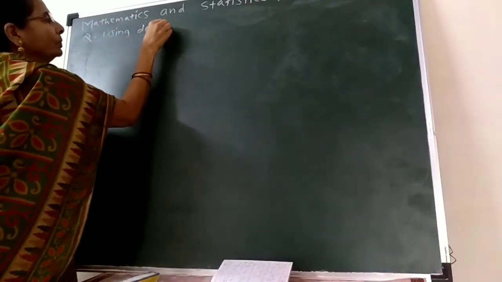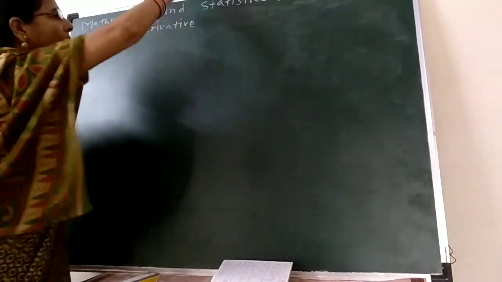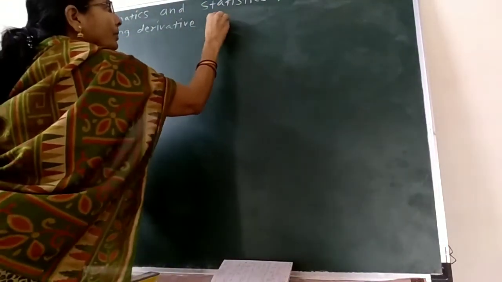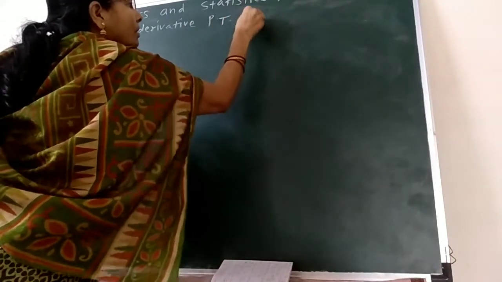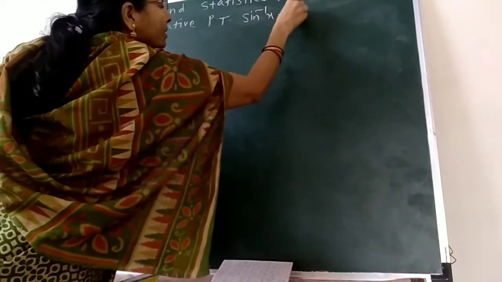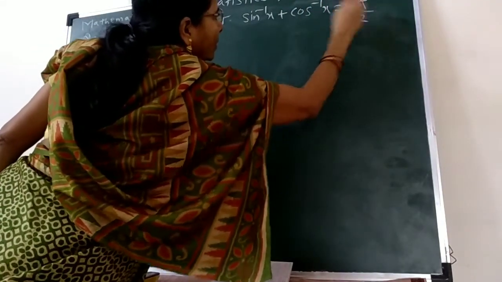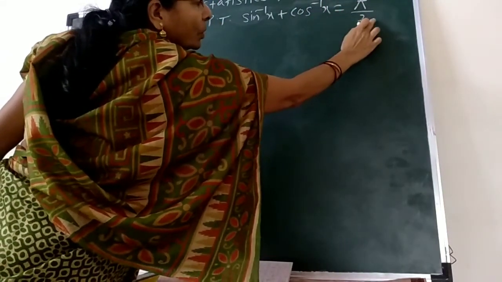Using derivative, do that. Sin inverse x plus cos inverse x is equal to pi by 2.